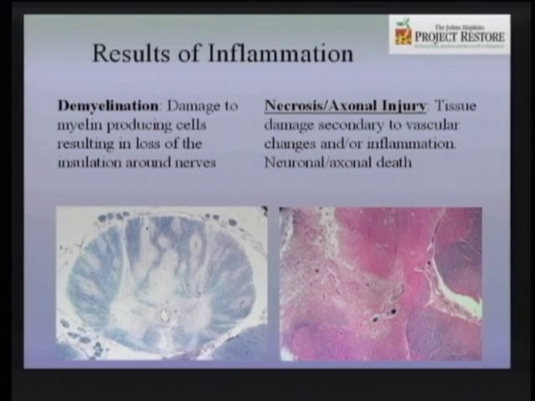And that tends to occur in the people who had a more severe presentation and are left largely or completely with an injury. No bowel, no bladder, no sensory, no motor. So why did, in some cases, the inflammation result in demyelination, which is milder and may get better, but in other cases will leave you with a complete necrotizing injury?